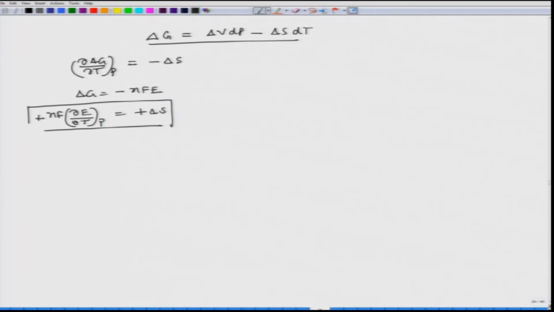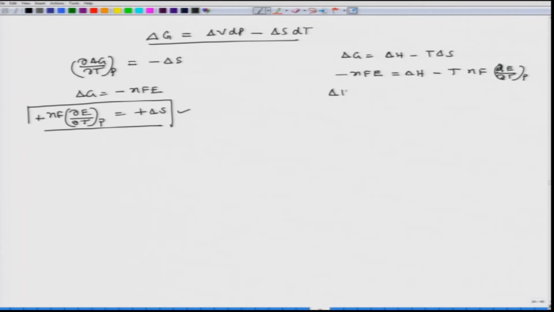On the other hand, we have the relation delta G equals delta H minus T del S. Now, we have found a relation like this, which will give me minus NFE equal to delta H minus T, which of course will become NF dE/dT at a constant pressure.